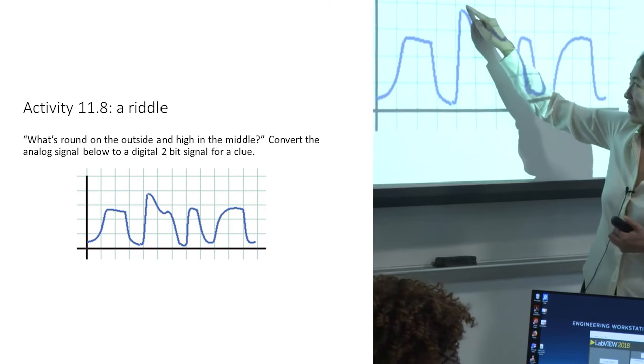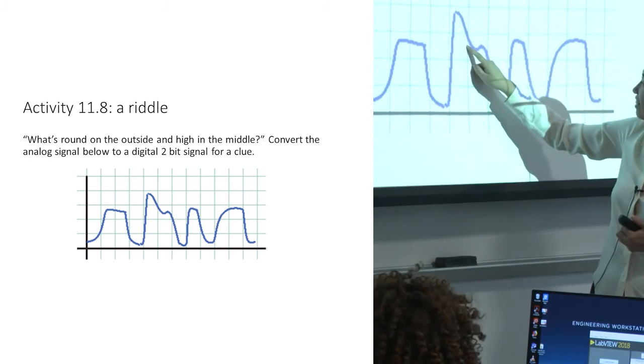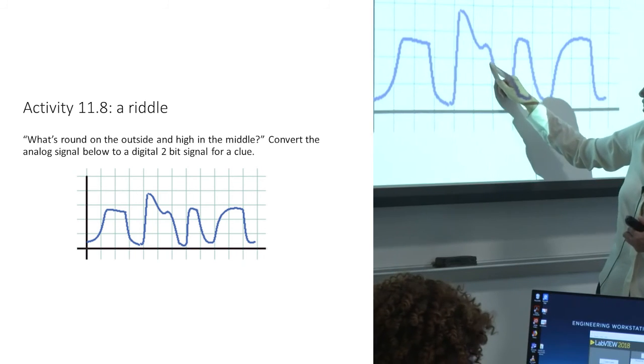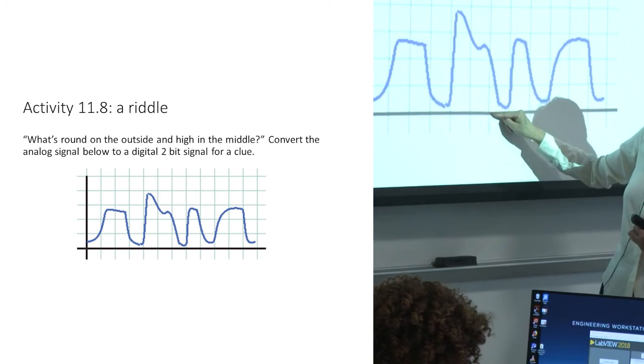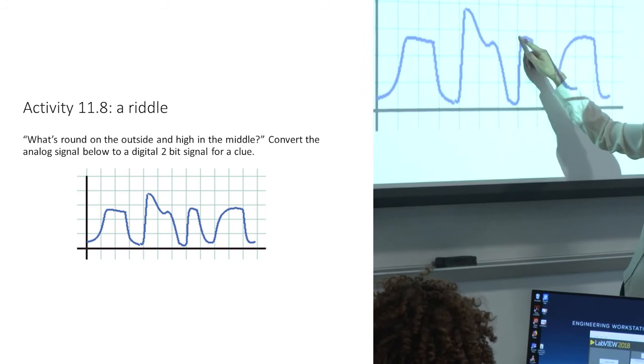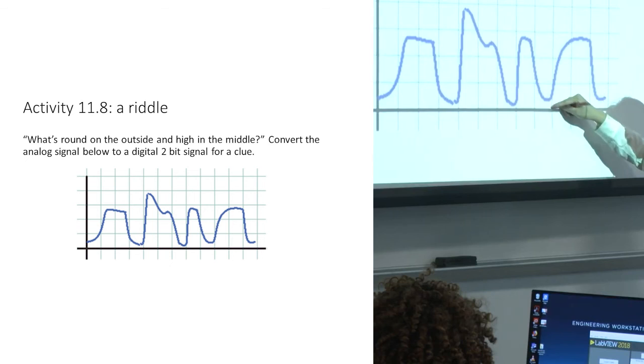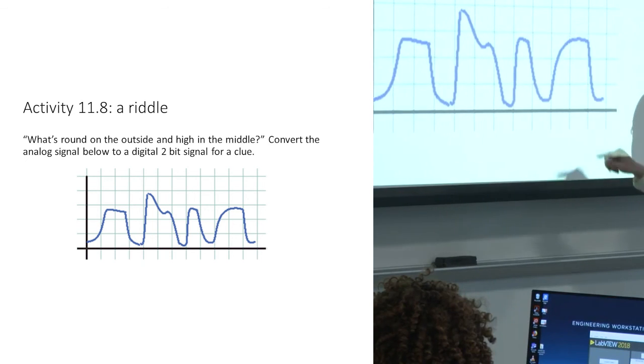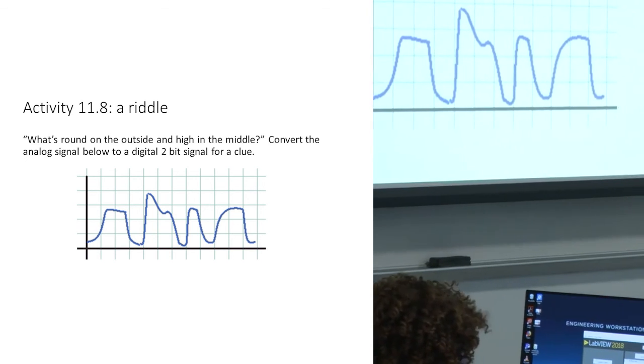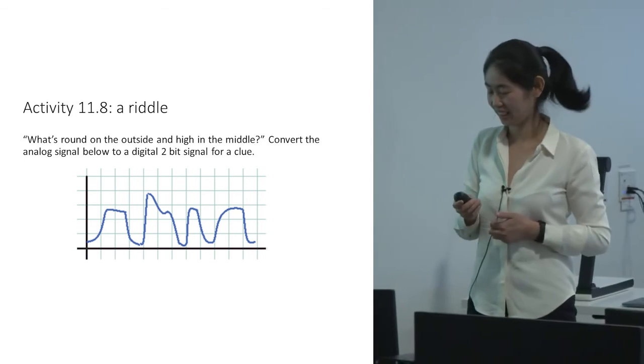And then 3, and then I guess it's 2, and 0, and 3, and 0, and 3, 3, 0. Did everybody get this? You have to draw it to be able to see.